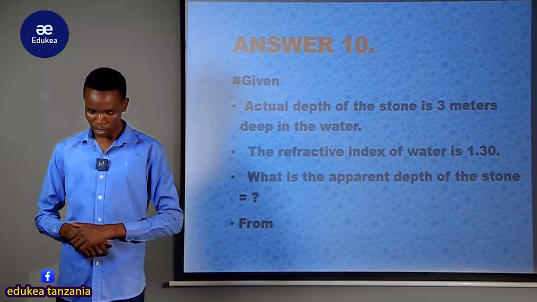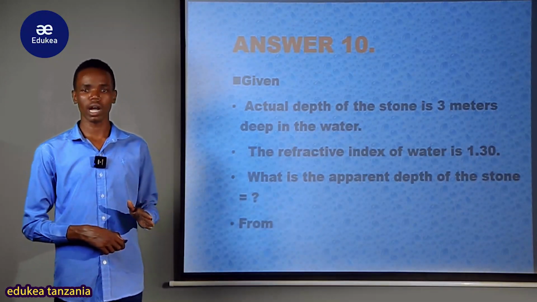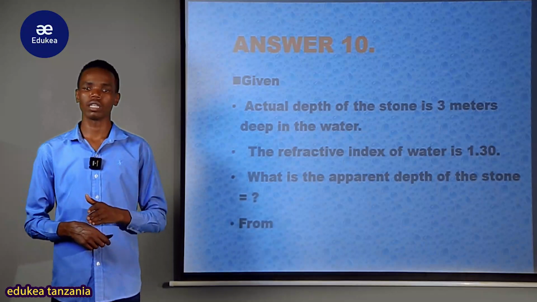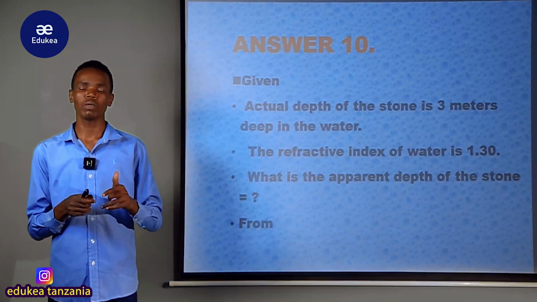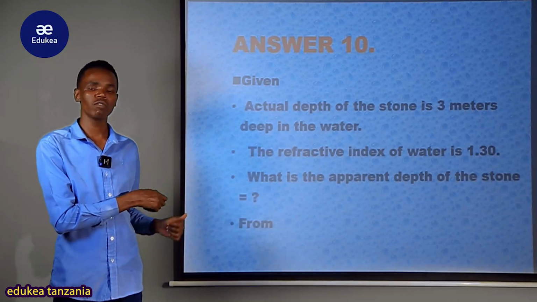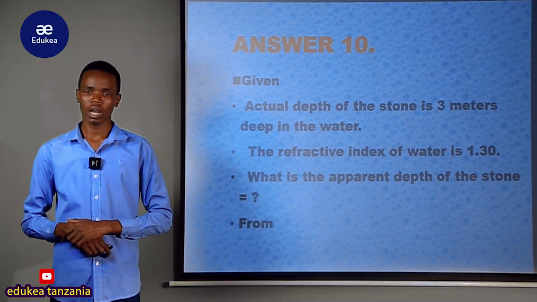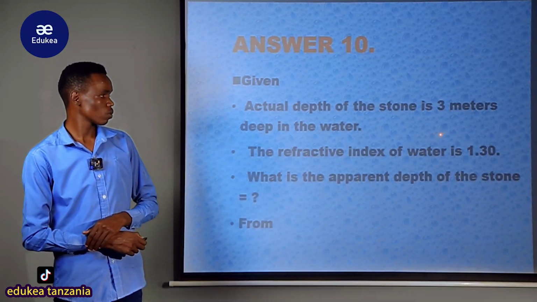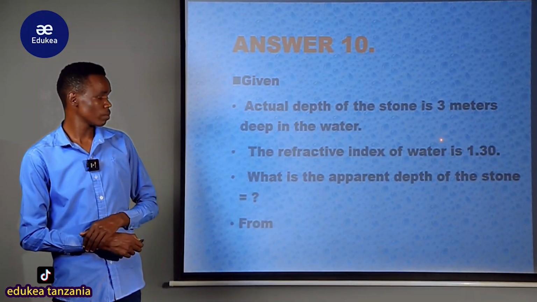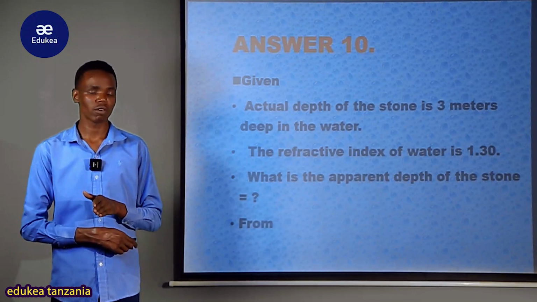Now, first of all, my dear student, we have to observe our given values and the unknown values, and let us think of the formula that gives the relationship between the values that we have been given in our question and the unknown values. Our formula needs the relationship between the real depth, apparent depth, and the refractive index.